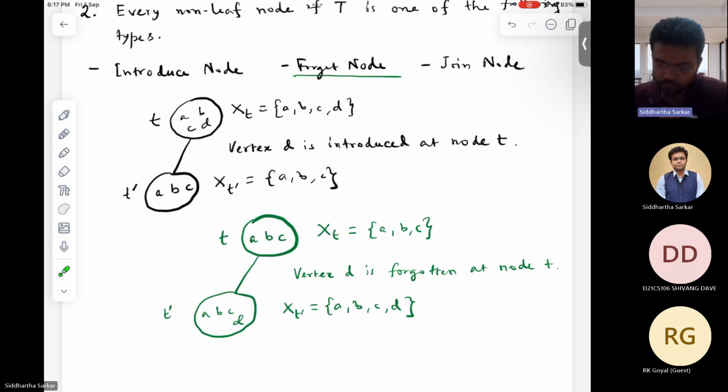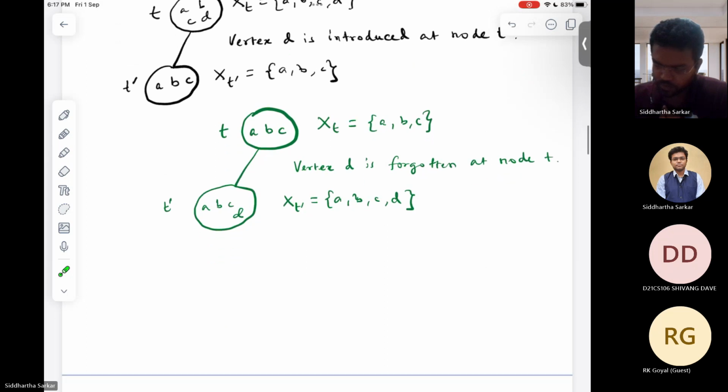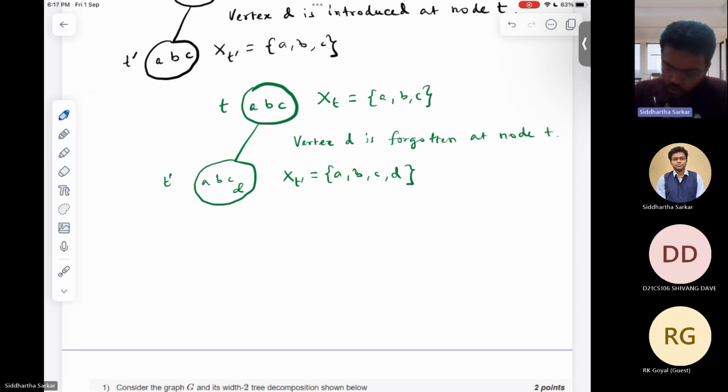Okay, so let's move to the definition of what is a join node. So a join node is a bag, let us say T, and it has some contents, X_T, some set of vertices.